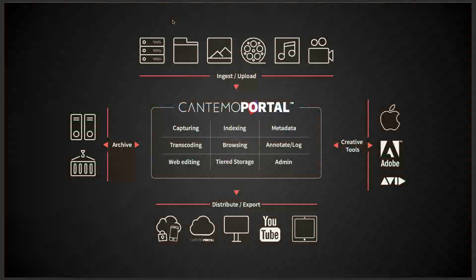We have a flexible metadata setup where you can have a lot of metadata groups for different areas in the system. And also, next thing is to distribute and export the media to YouTube or your web server, or the channel, the playout server if you're a broadcast company.